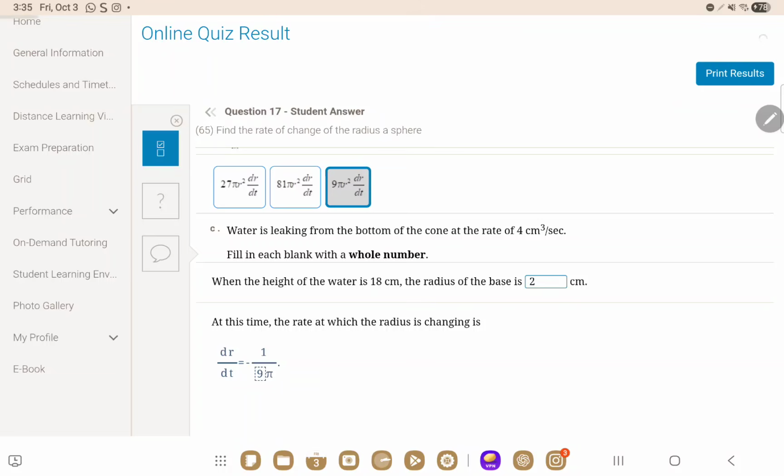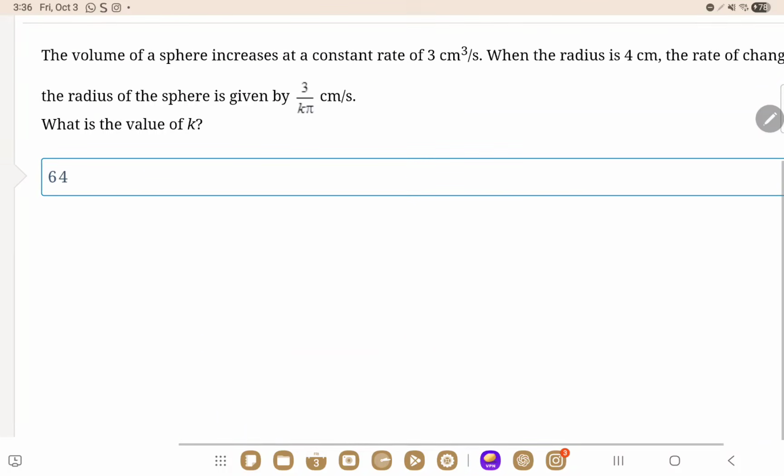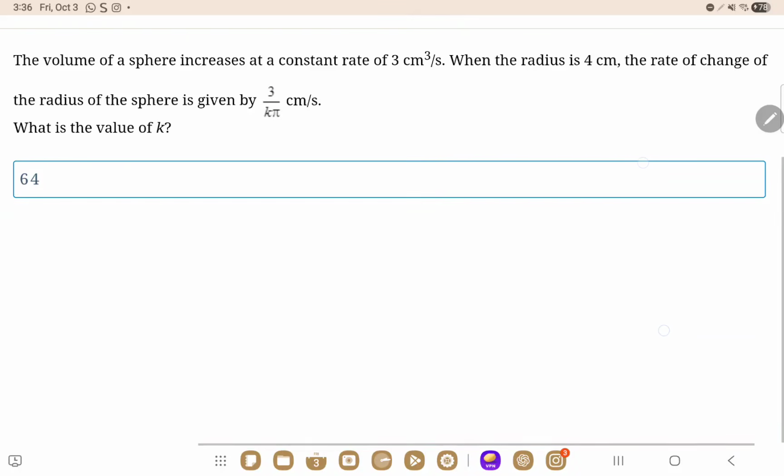Now let's move on to our last question. The volume of a sphere increases at a constant rate of... Okay, this is the same concept, but I'm going to explain it, of course. The volume of a sphere, we know, is given by the equation 4 over 3 pi r cubed.